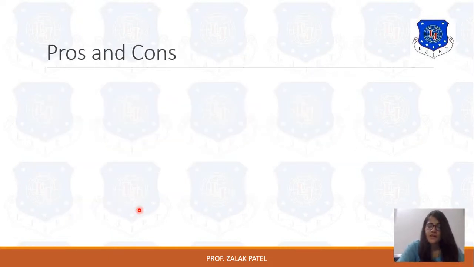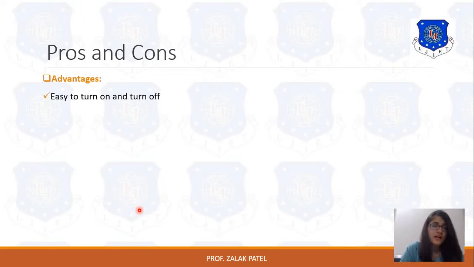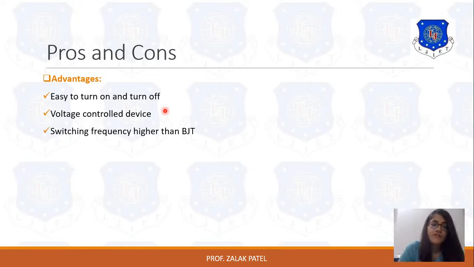Now let's see the pros and cons, the advantages and disadvantages, of the IGBT. Advantages are easy turn on and turn off, and switching time is much better than the MOSFET. It is also a voltage control device, as compared to the BJT, which is a current control device. Switching frequency is higher than the BJT; it can operate up to 10 kHz.